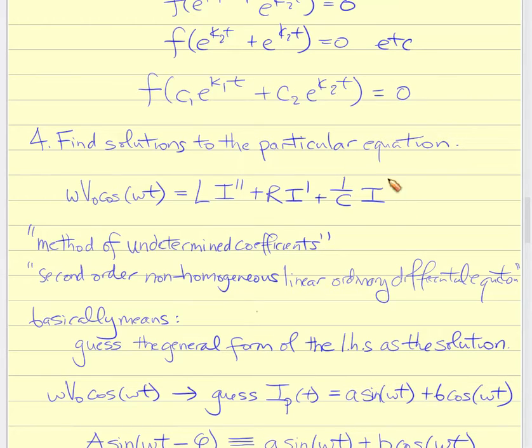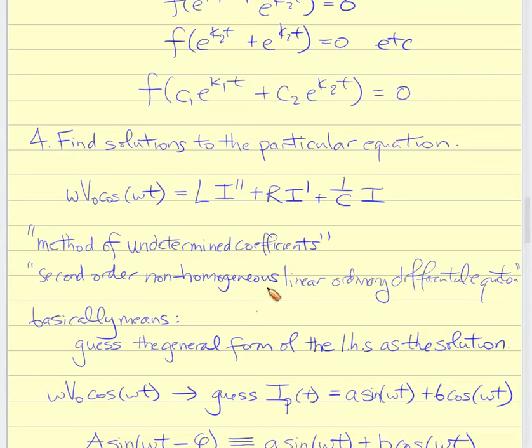If you're looking for a general approach or some kind of background reference to say, in this situation, what do I do? Then it's nice to have a name to look up so that you can do some more research. But second order basically means that the highest derivative is the second derivative.